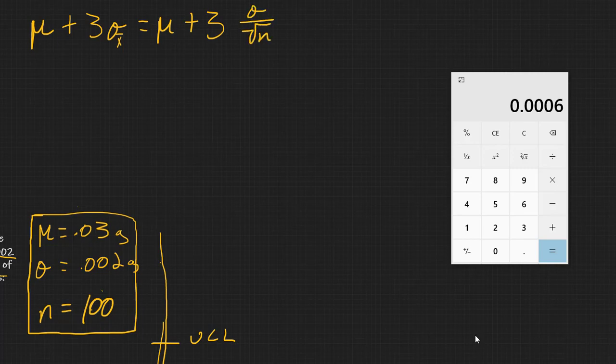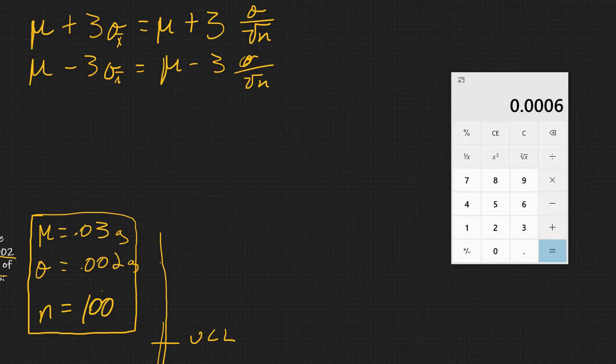We're going to do the same thing with the minus: mu minus 3 sigma over the square root of n for the lower control limit. And now we've got our stuff over here. So this is plug and play.